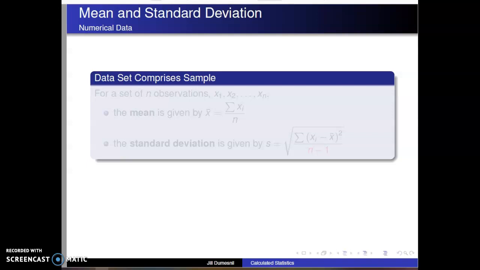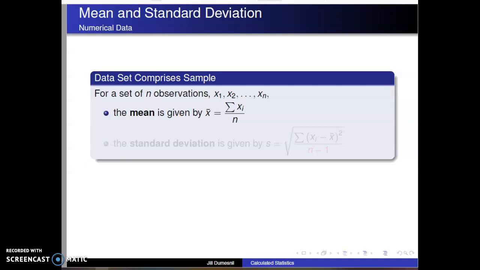Now let's consider how to calculate the mean and standard deviation for a set of observations that represent a sample instead of the entire population. In this case, we would have small n observations, and the sample mean is denoted by x bar, but the calculation is the same as before.